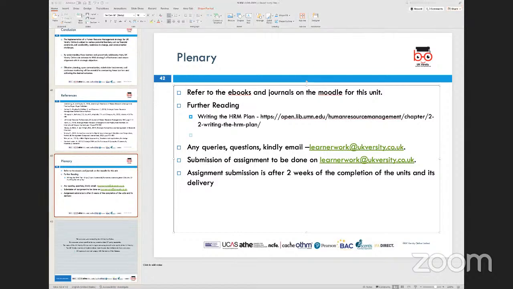The other bit that I'm going to look at putting in place would be a particular article which talks about the role of HR in business partnering. This is because the functions that HR carries out are seen to be part and parcel of how they support the organizational strategy.